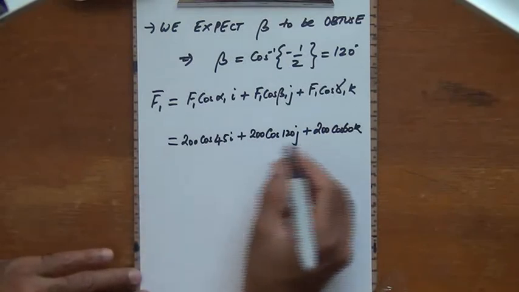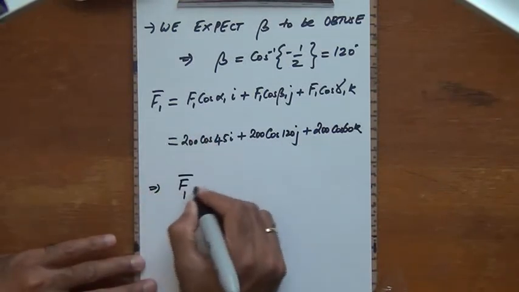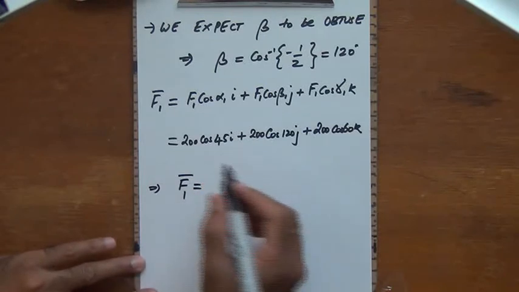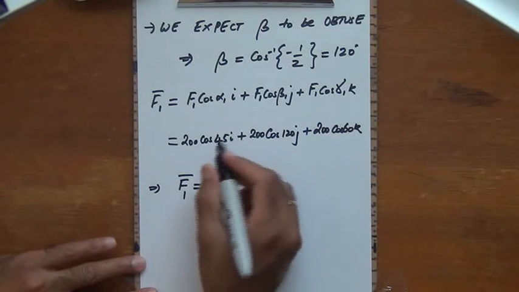If I substitute and then find out the value, I get vector F1 to be the following. This is 200 cosine 45. I'm just going to leave it like that.